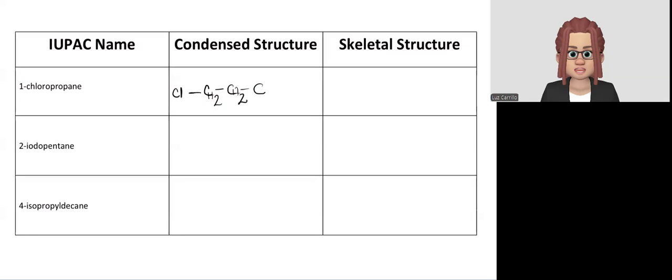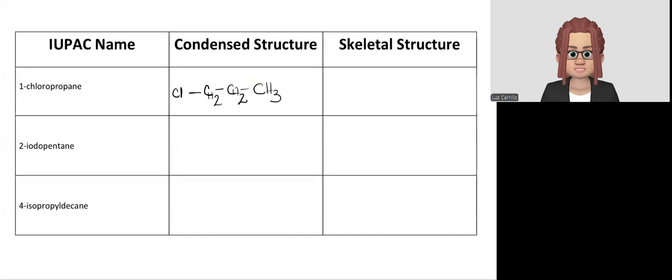The last carbon atom, since it only is bonded to 1 single bond, will receive 3 hydrogen atoms. And that is the condensed structure for 1-chloropropane. Let's now draw the skeletal structure.